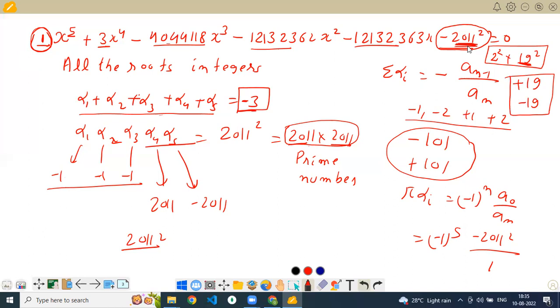So you can try these questions yourself. For example, you write this equation: x minus 1, x minus 1, x minus 1, x minus 31, x plus 31.